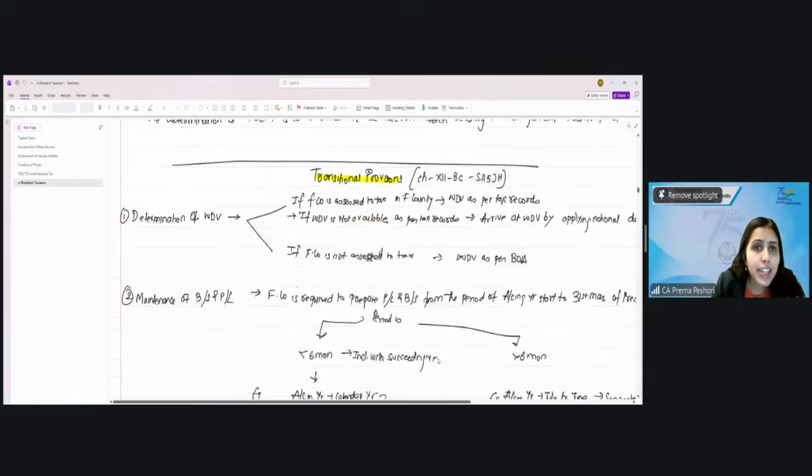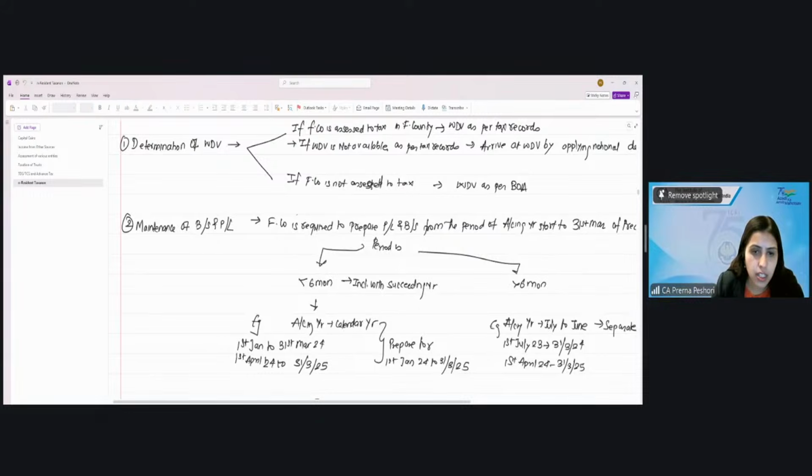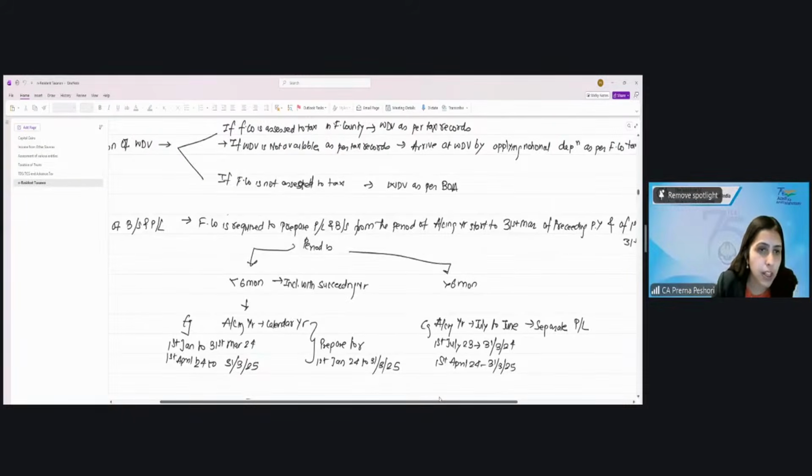So if the period is greater than 6 months, and if the period is less than 6 months, then how do you do? So let's say, if this year the company becomes a resident of India, and they follow the calendar year over there, I will have to prepare from 1st January to 31st March. That is one period. And 1st April 24 to 31st March 25, that's the second period.